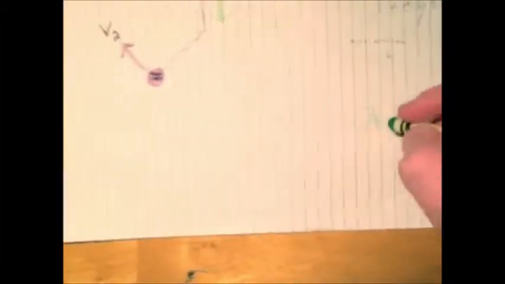And the value of that acceleration is equal to v squared over r. From this, we establish that as velocity increases, the acceleration will increase, and as the radius increases, the acceleration will decrease.